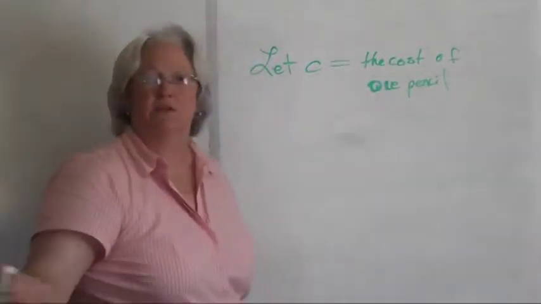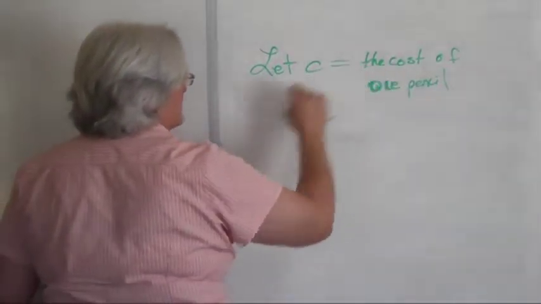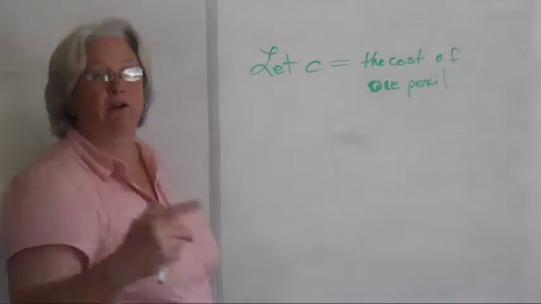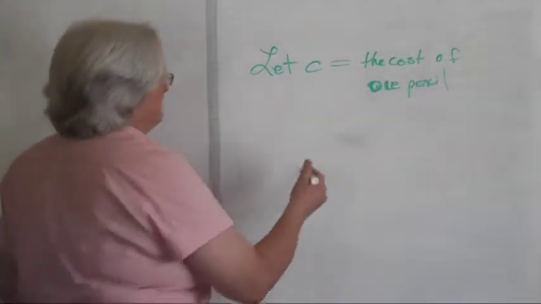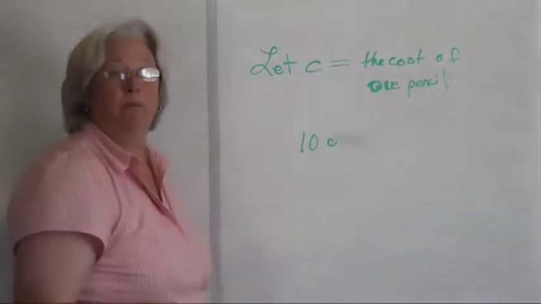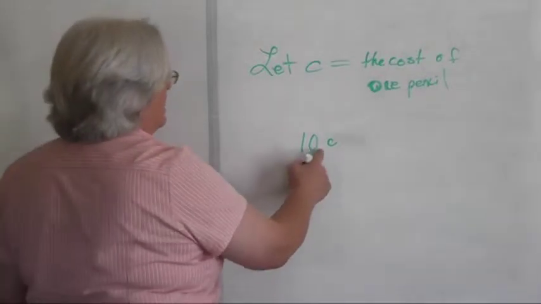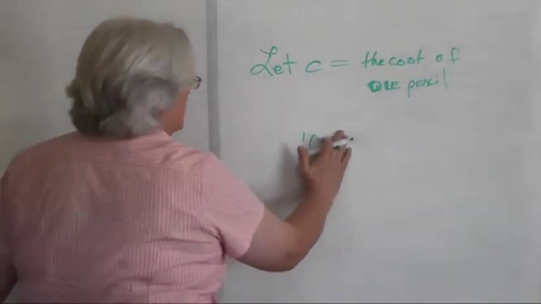They picked C because they went with cost. So if C is the cost of 1 pencil, how are we going to figure out what 10 pencils cost? Well, it's 10 times the cost of 1 pencil. So all we have to do is put in here 10 times C.